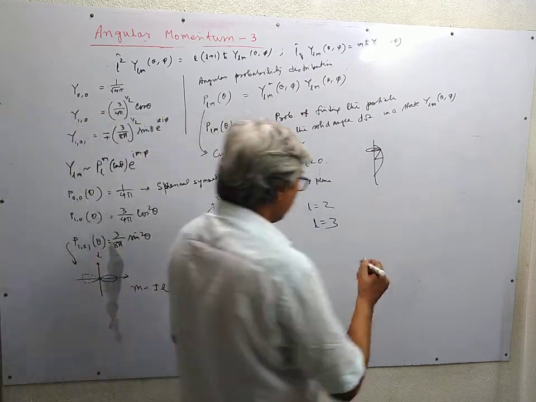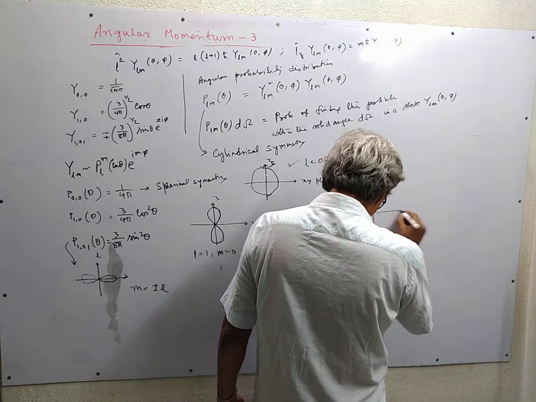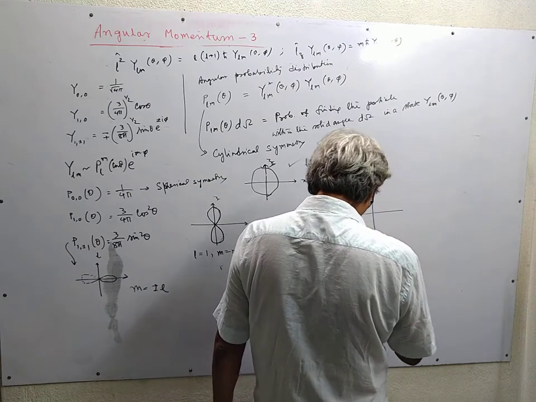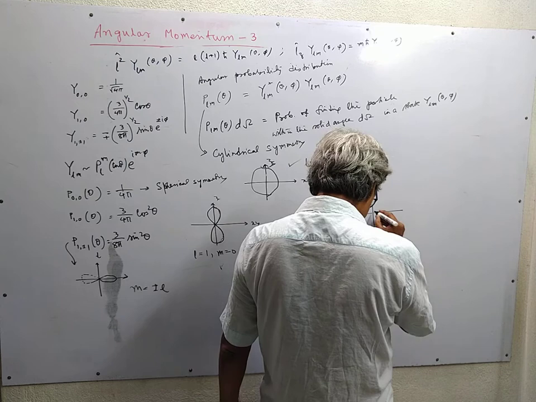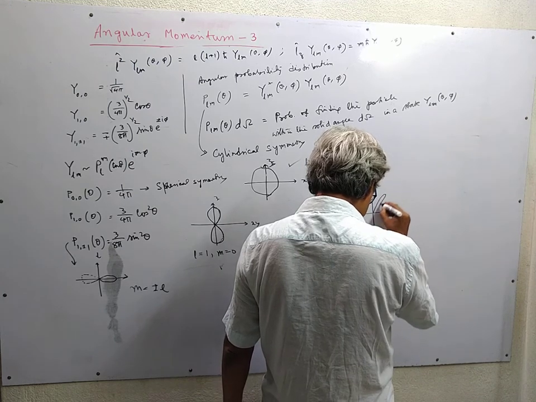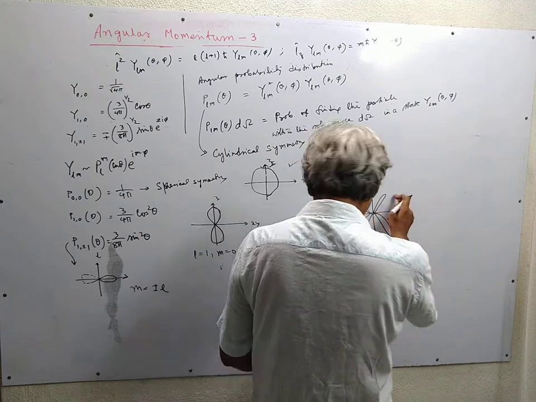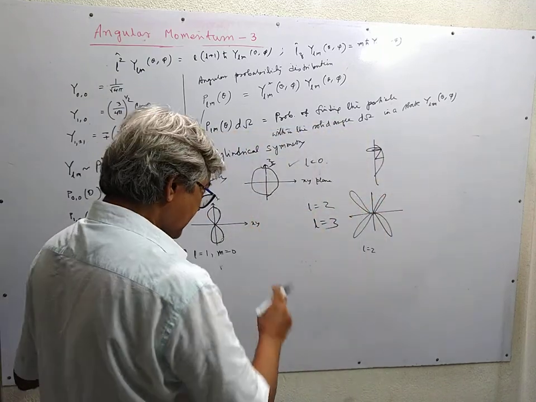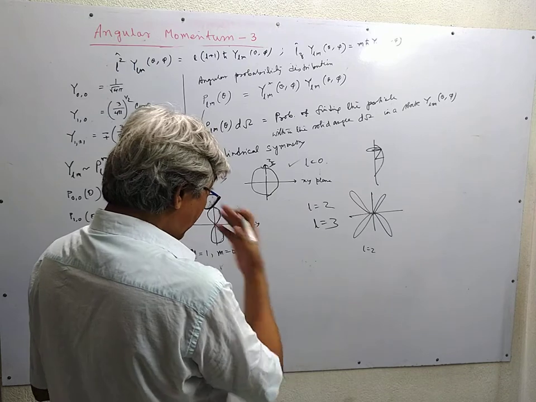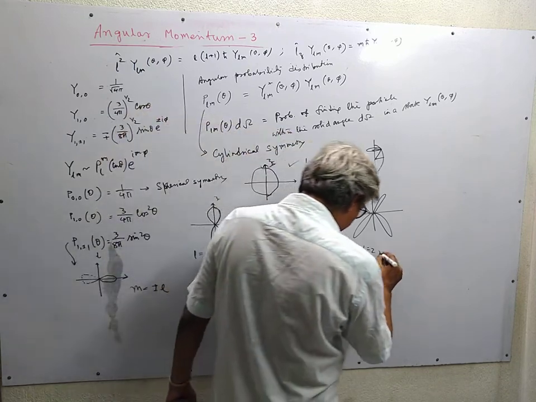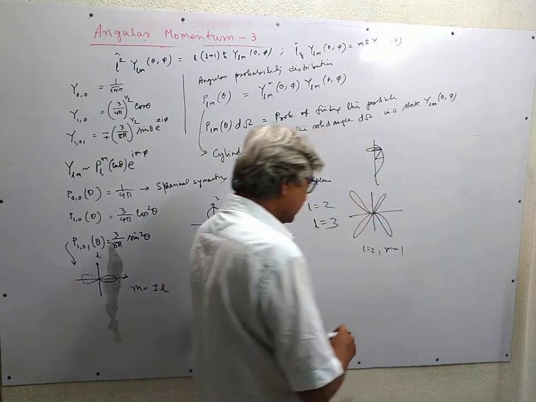For example, for L is equal to 2 and M is equal to 1, the curve looks like this, which is intermediate between this and this.